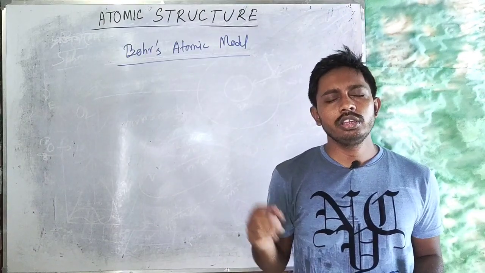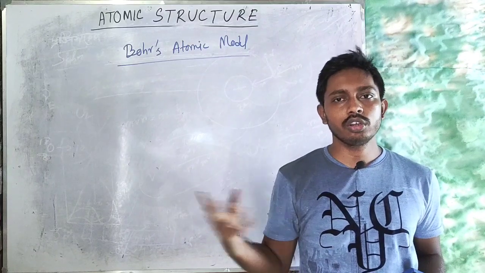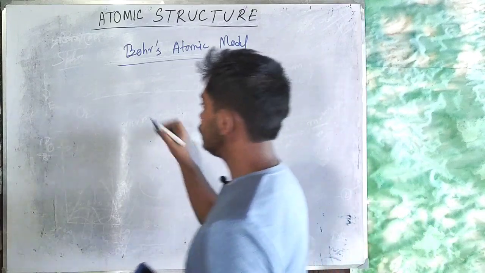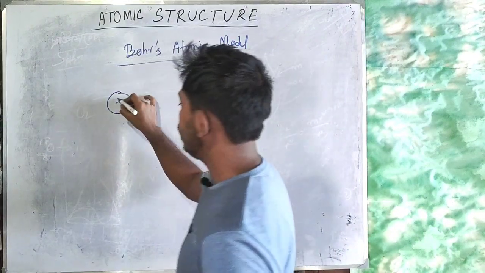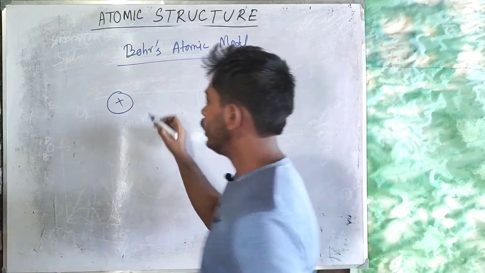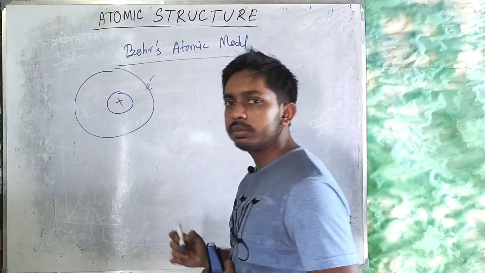In his atomic model, Niels Bohr kept the primary idea of Rutherford intact. He also considered that an atom consists of a nucleus that contains all the positive charge and mass of an atom, and electrons are revolving around this nucleus following some circular orbit.